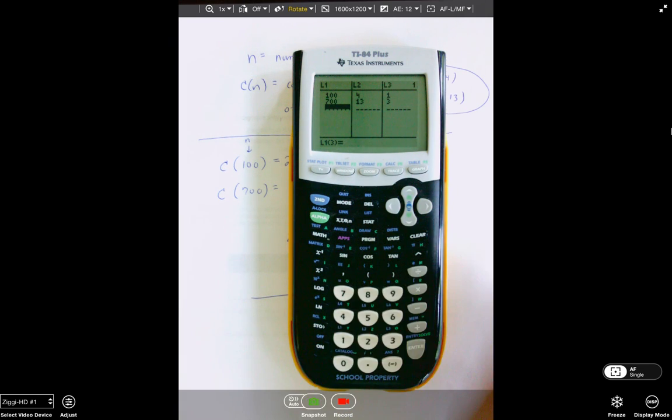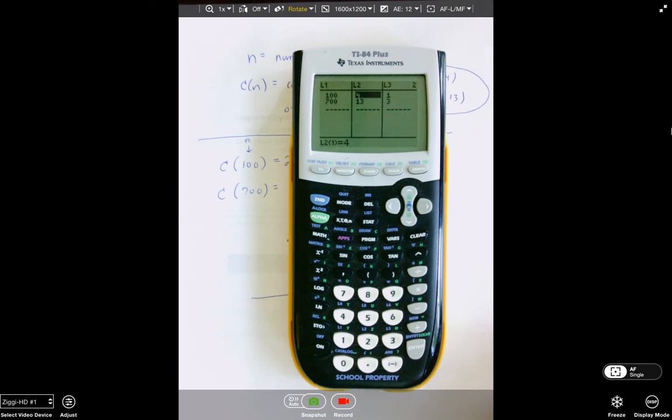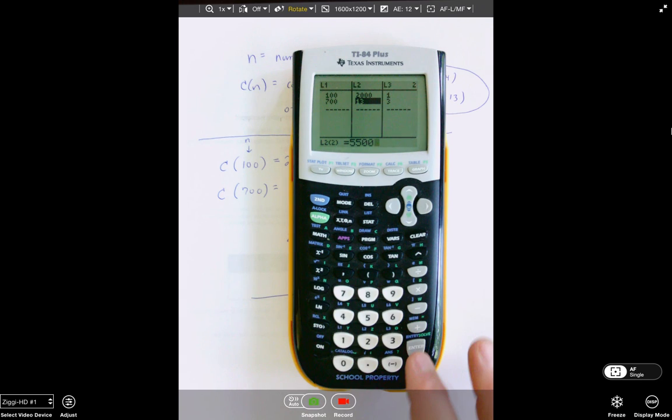Those are the quantities, or n. The cost that went with 100 is 2,000, and the cost that went with 700 is 5,500.